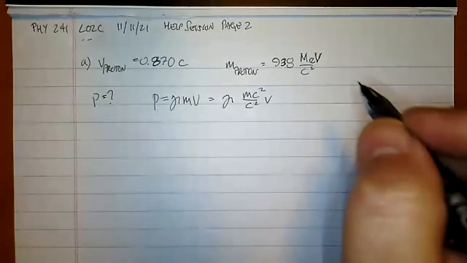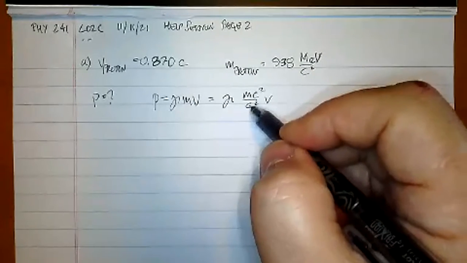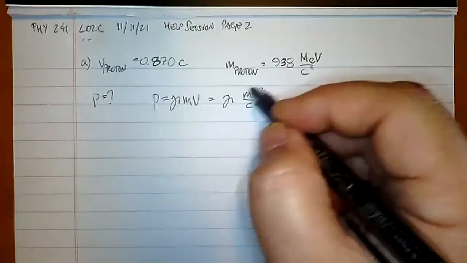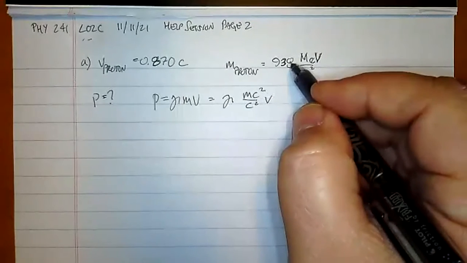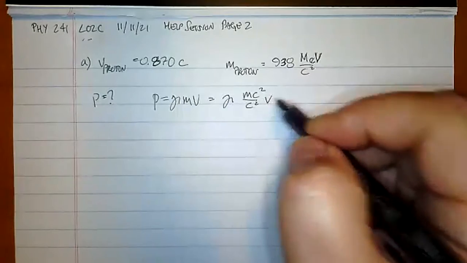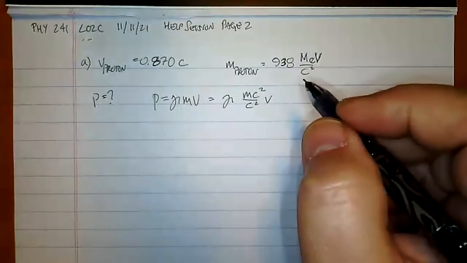The reason I write it that way is I force myself to write c squared over c squared so that I can use this as a mass. Now all I got to do is figure out gamma and what v is, and we'll be golden.